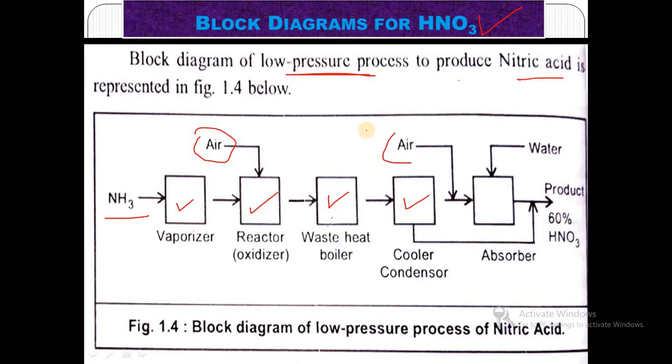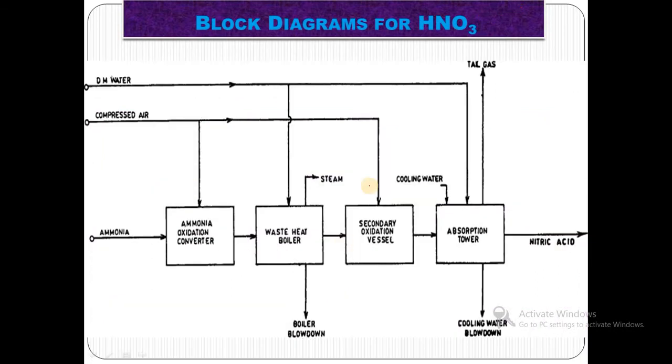After passing further air and water, the cooler condenser and absorber are carried out, and we get the final production of 60% HNO3. So this is the block diagram representation to produce low pressure nitric acid. This is used for simplification to carry out the process at the industrial level. I have represented this diagram for simplification only.